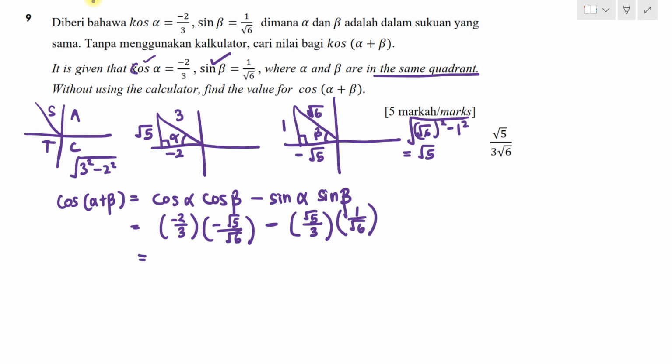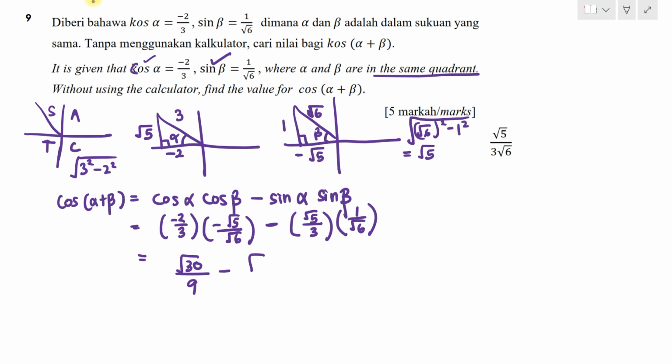When you do this, you should be getting square root 30 over 9 minus this part, square root 5 over 3 times 1 over square root 6.